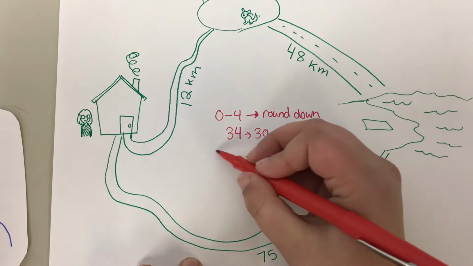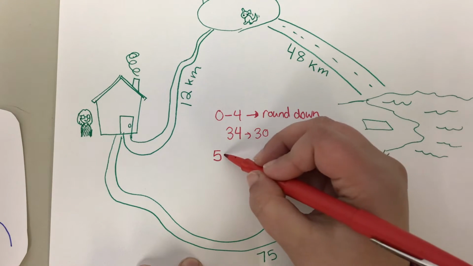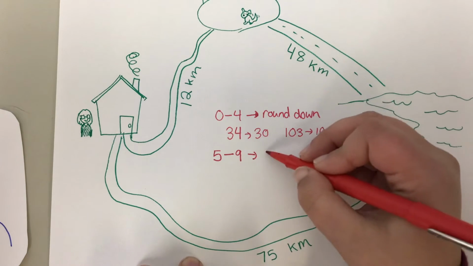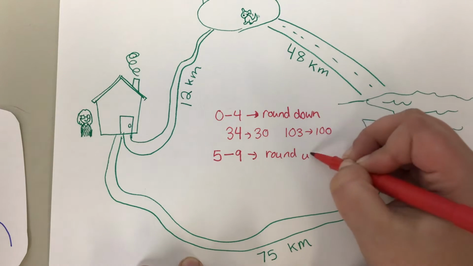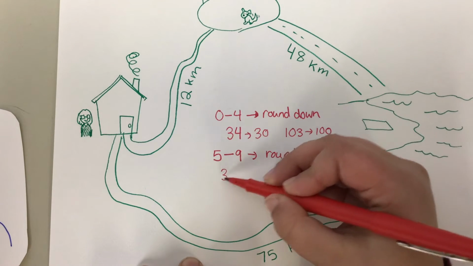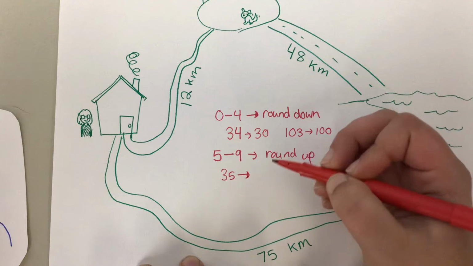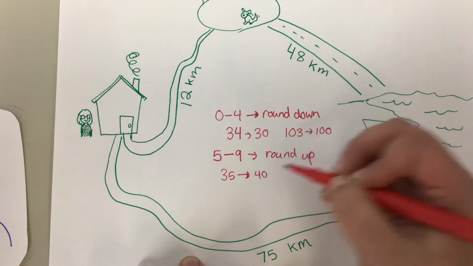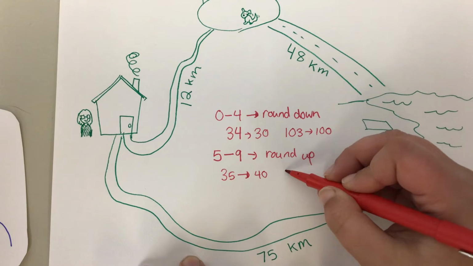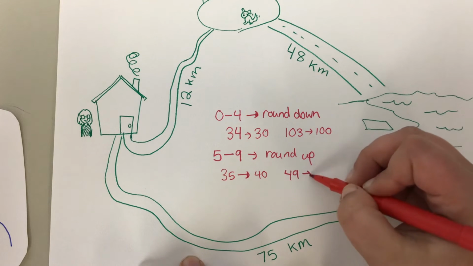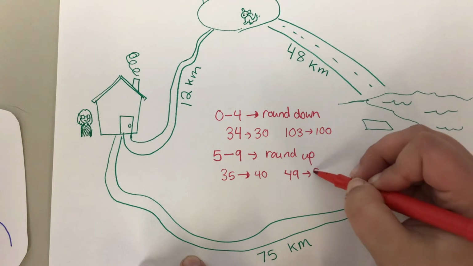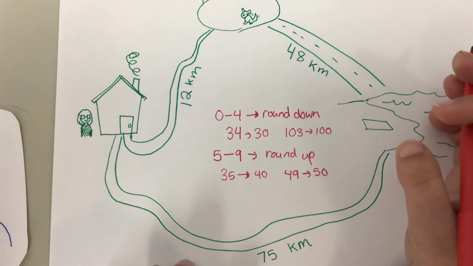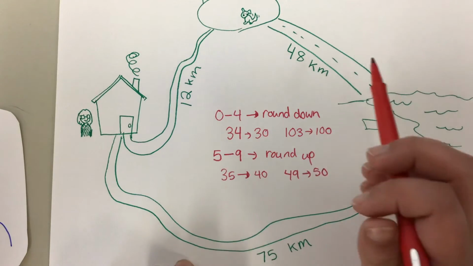If my number is 5 or greater, so 5 to 9, I am going to round up. So for example, if I had 35, I would round that up to the next 10. So if not down to 30, that means I'd have to go up to 40. If I had 49, I would round that up not to 40, but to 50. There we go. So with that in mind, let's think about rounding these different units here.